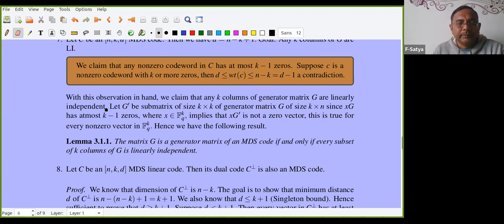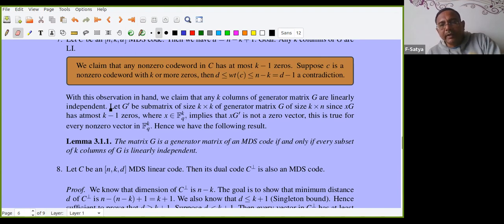How do you prove that? We know that the first k columns are linearly independent, right? In the systematic form, it is I followed by something. But it does not say that any k cross k submatrix is linearly independent. That is the beauty of this. So how to prove that part?